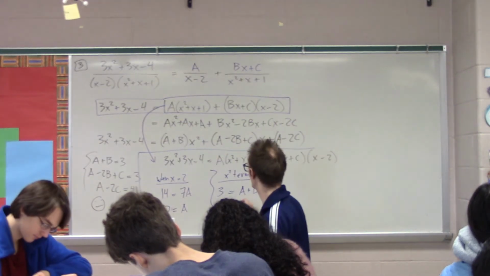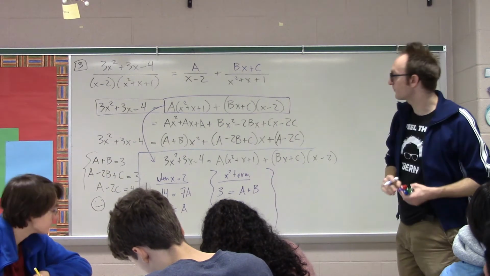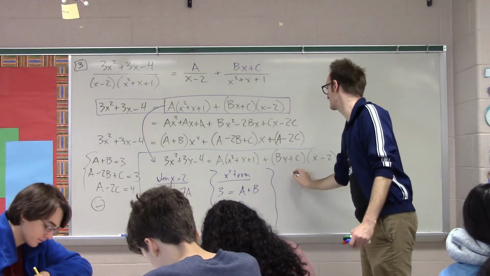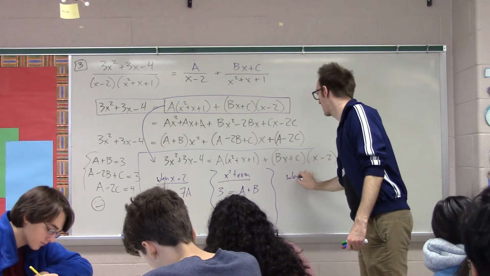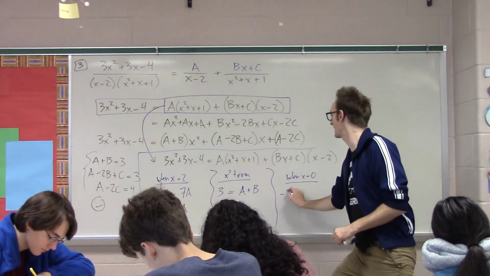Okay, well, if a is 2, then what's b? 1. 2 down, 1 to go. A nice number to plug in is just 0. So when x equals 0, what do you get? Well, on the left-hand side, you get negative 4.